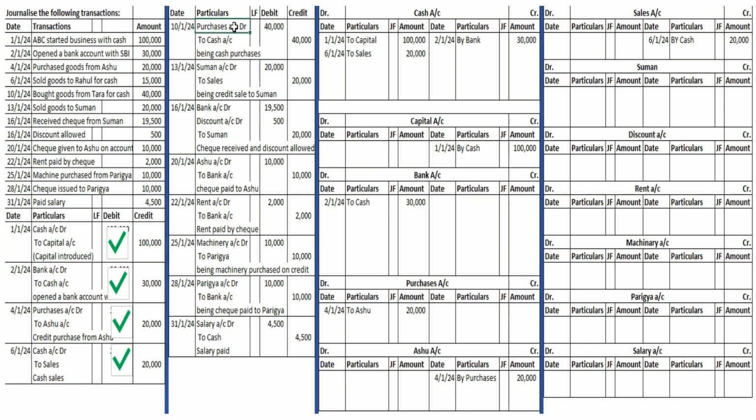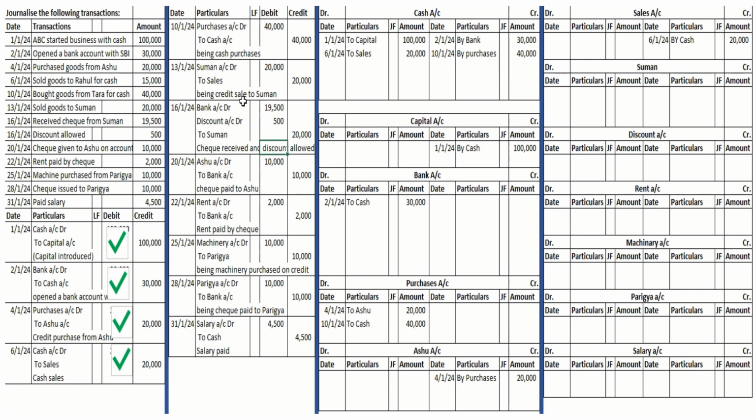Next entry, purchases to cash. We already have the purchases account and the cash account. So purchases should be recorded in the debit side, to cash. And in the cash account, it should be recorded in the credit side, by purchases. Next entry, Suman to sales.